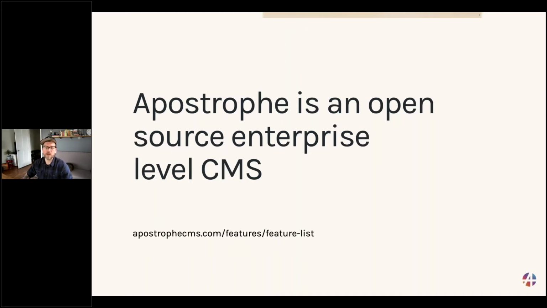I know if you've used newer versions of WordPress with Gutenberg, it's kind of similar to this, but we were doing it way before. There's also a built-in image and file library and extensible content types called pieces in Apostrophe.